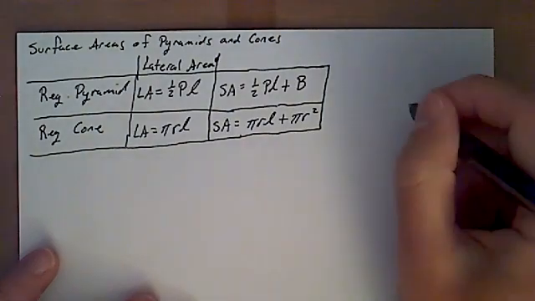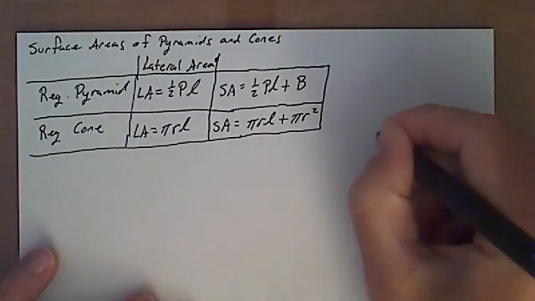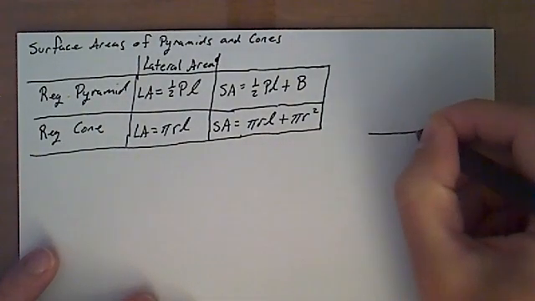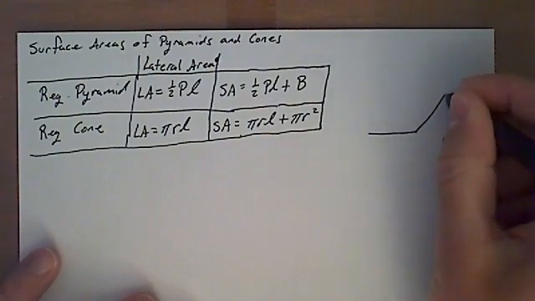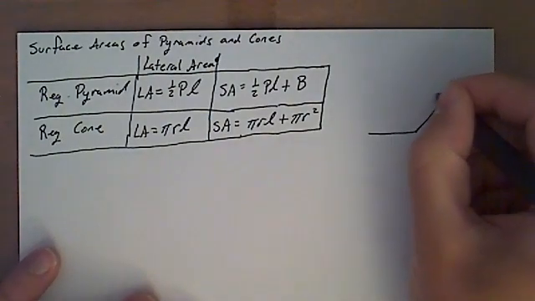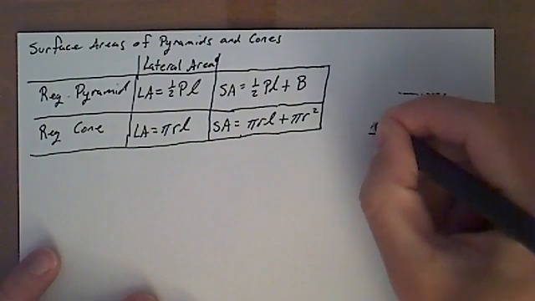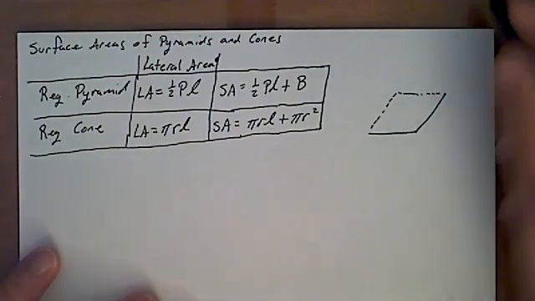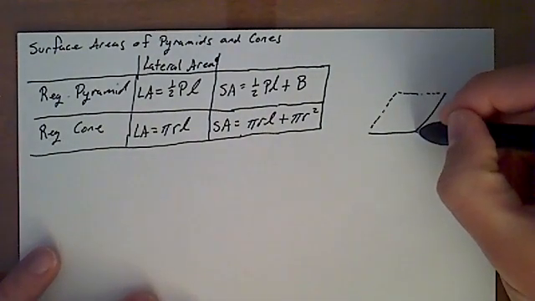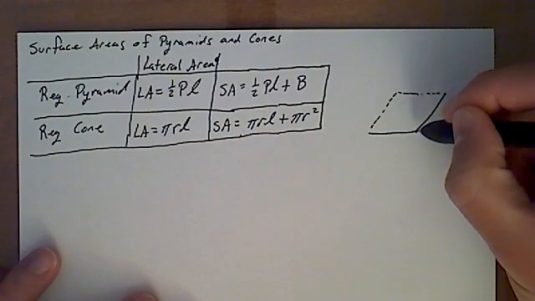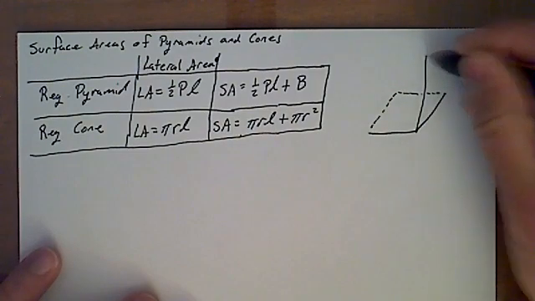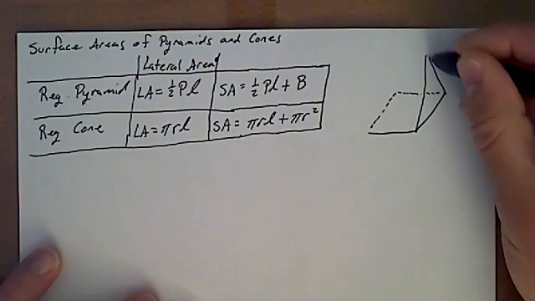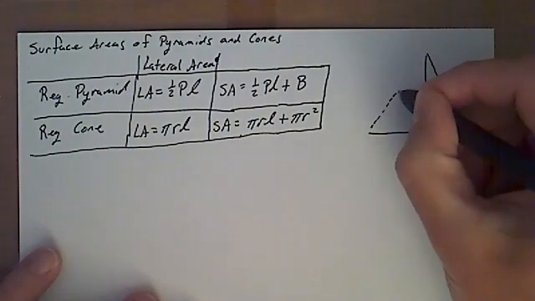Well, let's take a quick look at what this would look like. We'll do a pyramid, because it is a little bit tougher. Cone is fairly straightforward usually. And I'm just picking a spot, right?